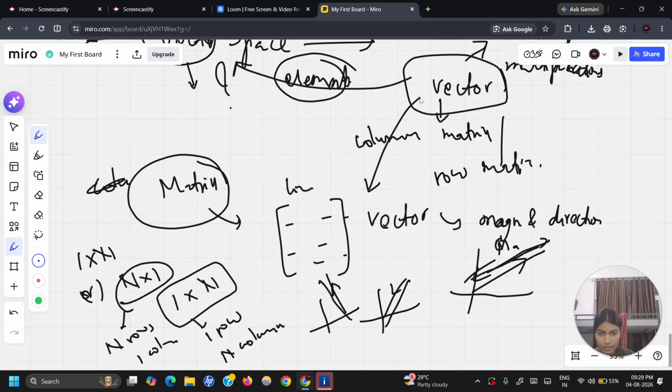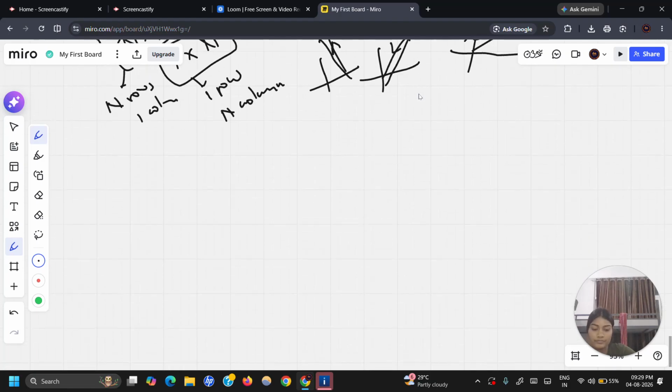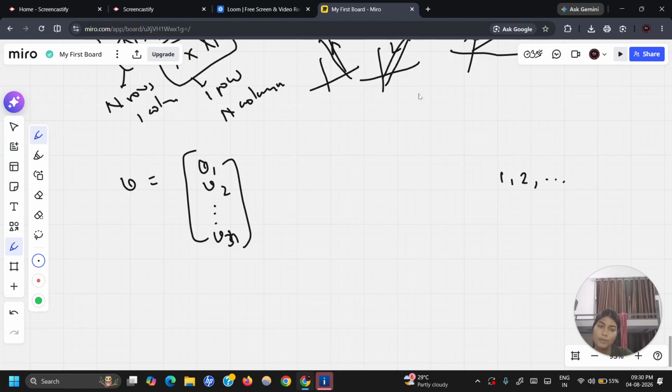We generally denote a vector v this way: v1, v2, and so on, vn. In mathematics, we do not put more than 3 dots. So only 3 dots. We limit it to 3 dots.